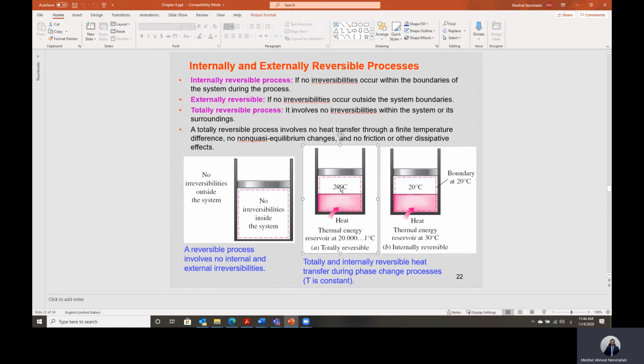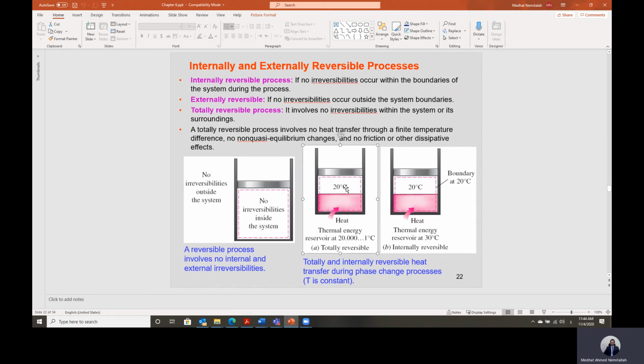Okay. Here is an example of an internally reversible process. As we said, the only way to have a reversible heat addition or heat rejection process is through an isothermal process. When can we have isothermal heat addition? Usually when we add heat to a system, its temperature will be raised.